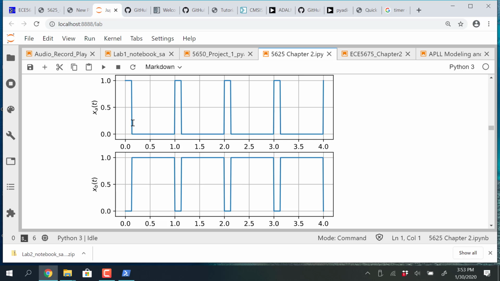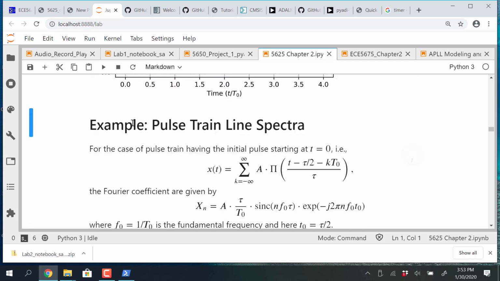Is that believable? Duty cycle is the same. One goes down, one goes up. One has a small average value. Which one has the large average value? Okay. But those are all things that a theorem I'm going to show you actually deals with. So the Fourier coefficients are identical.